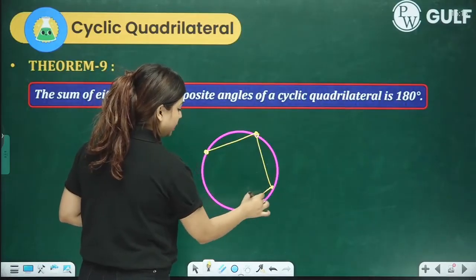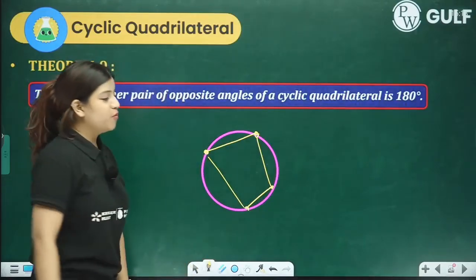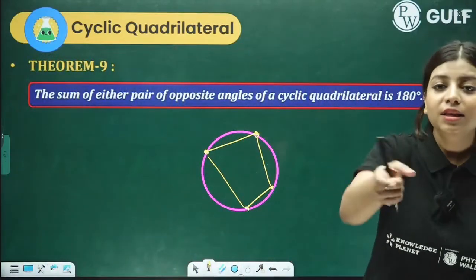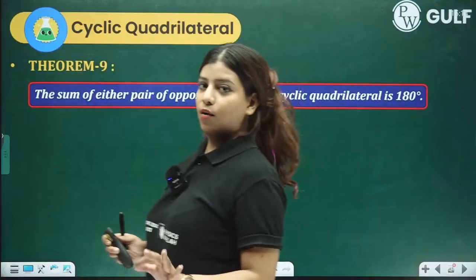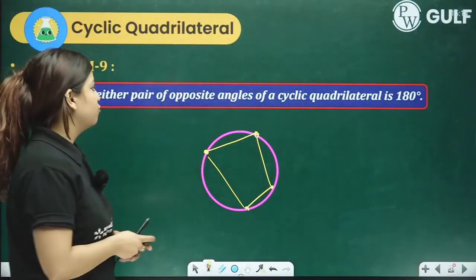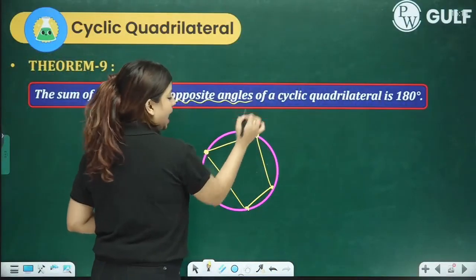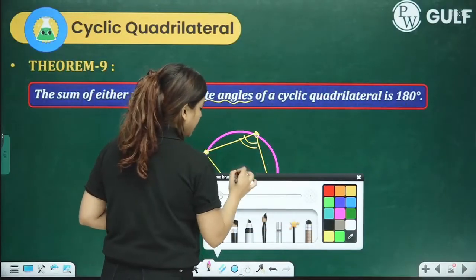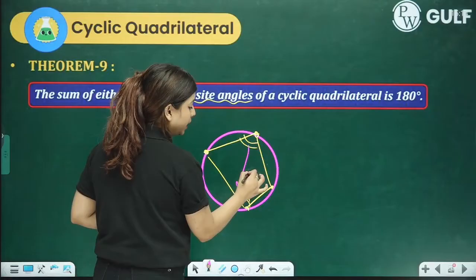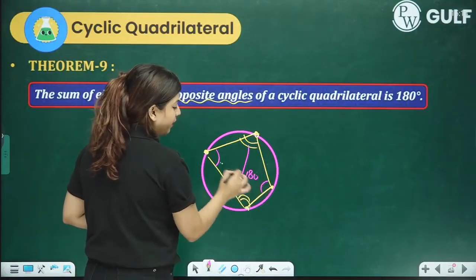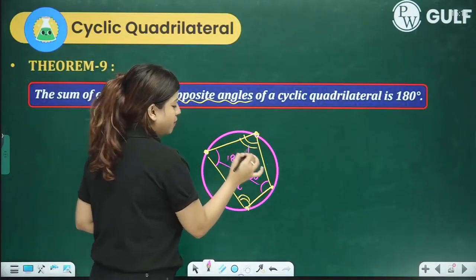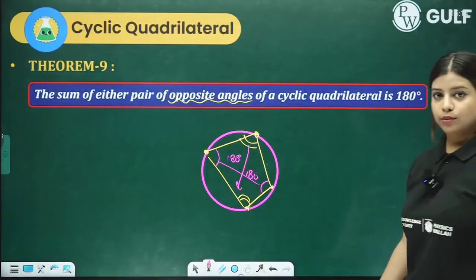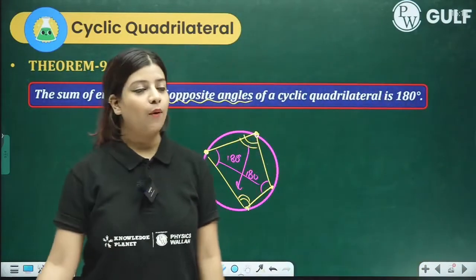If I join these, since all the 4 points of this quadrilateral lie on the circle, such a quadrilateral is called a cyclic quadrilateral, and the opposite angles, this angle and this angle, will give you a sum of 180 degrees, and this angle and this angle will give you a sum of 180 degrees. So this is how we find it out. I hope this thing is clear with everyone, right?